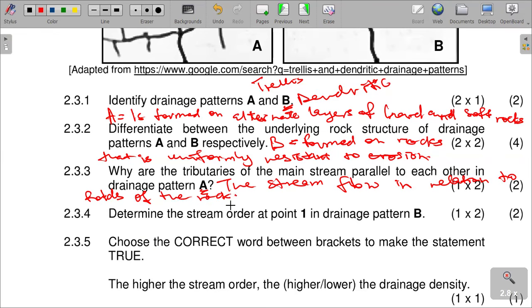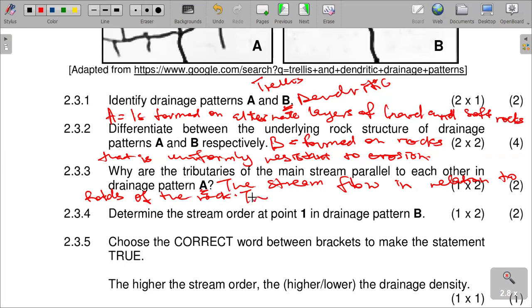Which we can see again that these streams flow over softer rocks of the valley, which is why they are parallel to each other.